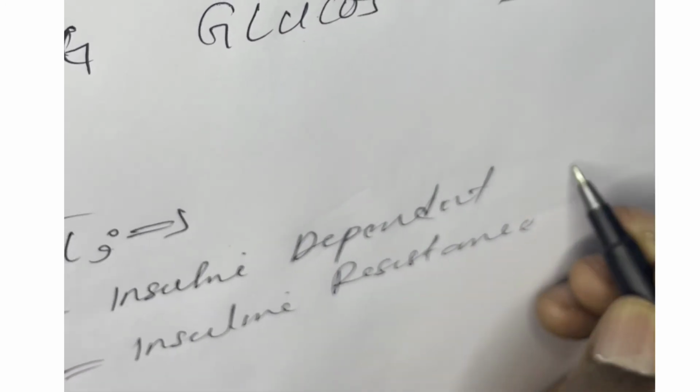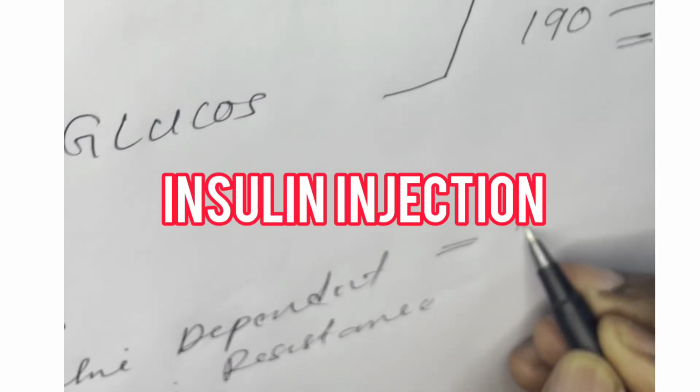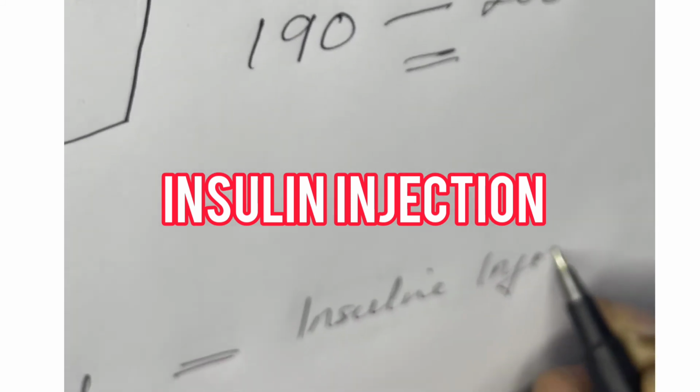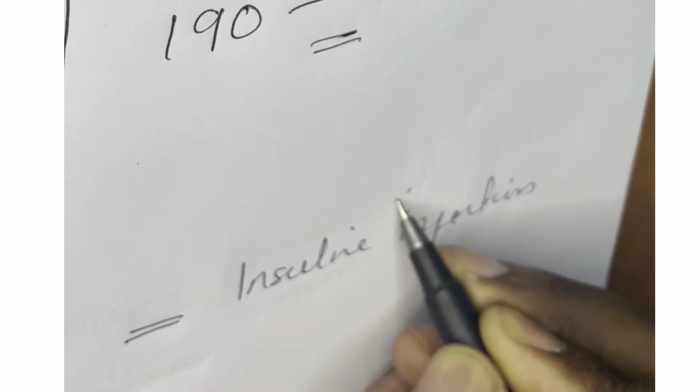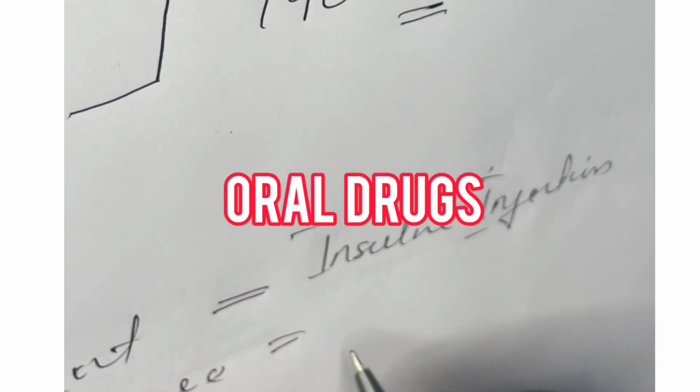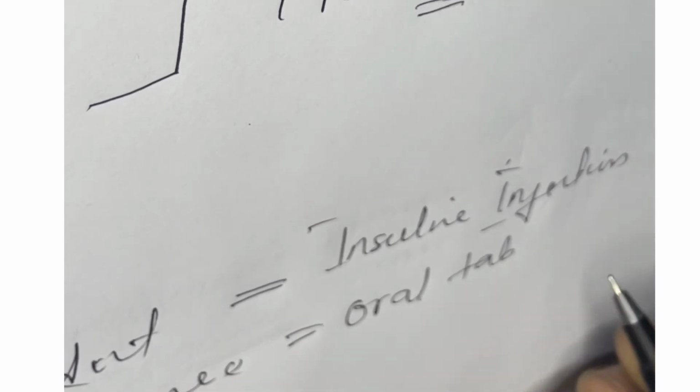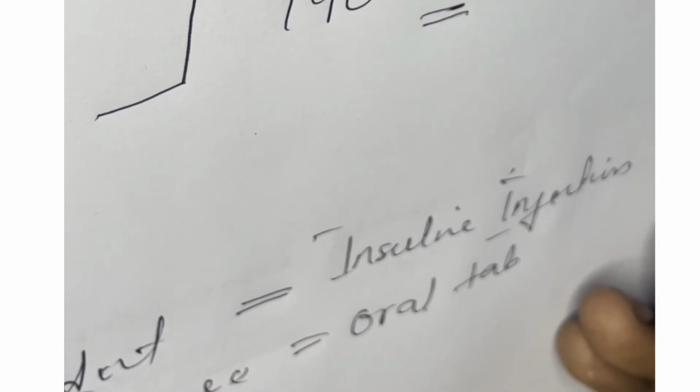In type 1, we directly give insulin injection. In type 2, sometimes we use some oral tablets that we can use to cure this one.